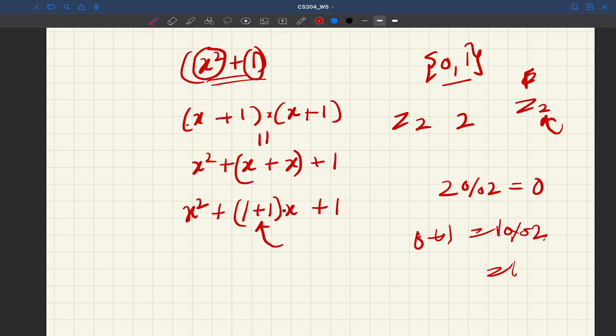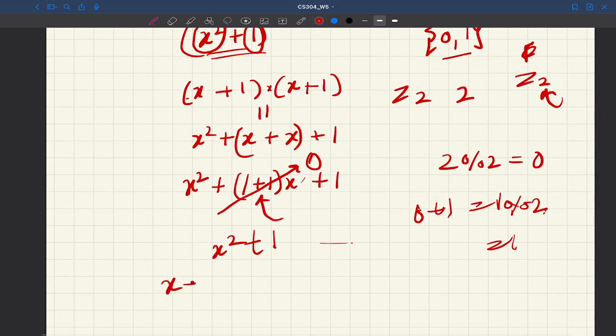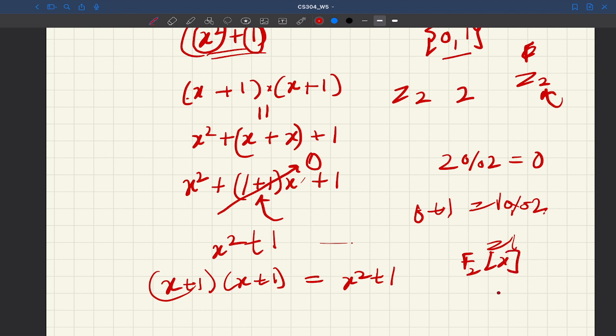So here I am getting 0, so this whole term vanishes from here, and what I'll get? X square plus 1. So what I can say is that x plus 1 times x plus 1 is x square plus 1 here in my F2[x] ring.